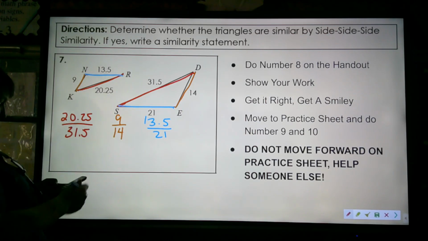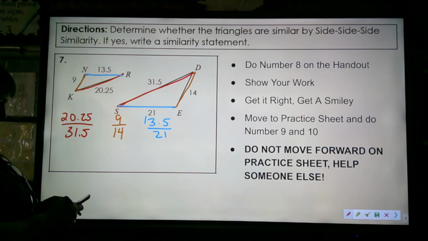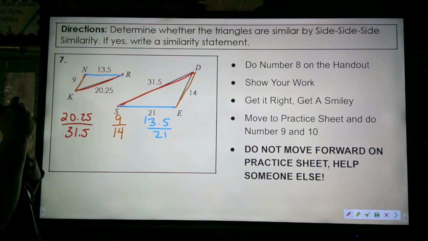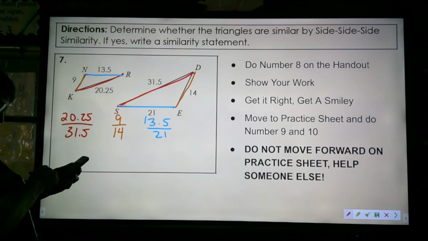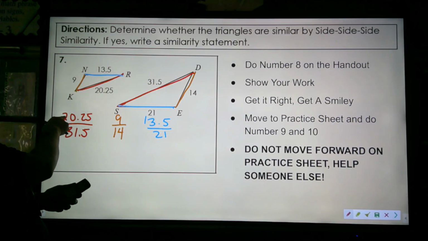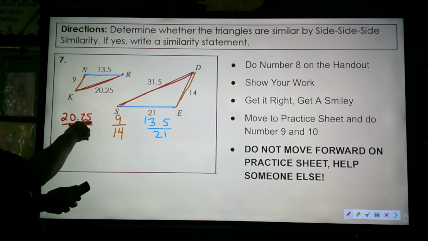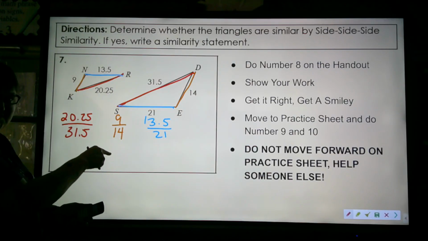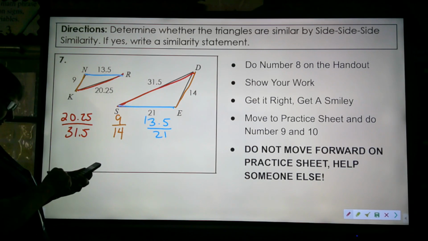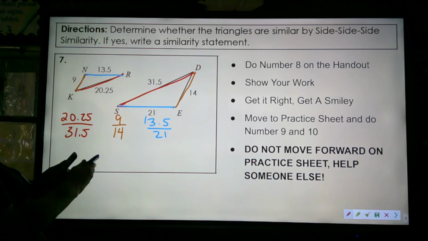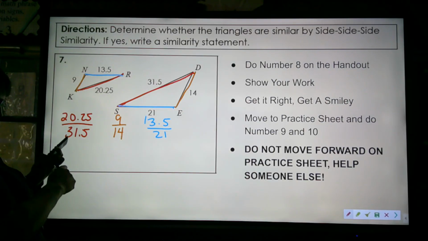So 20.25 divided by, that's what the fraction bar means, divided by 31.5. You should get a really weird number.